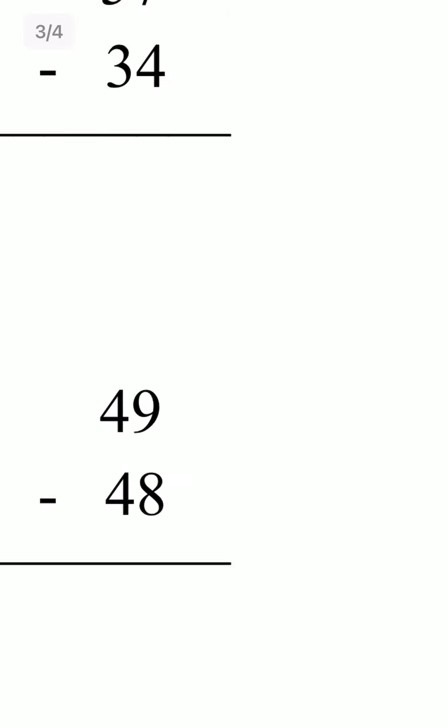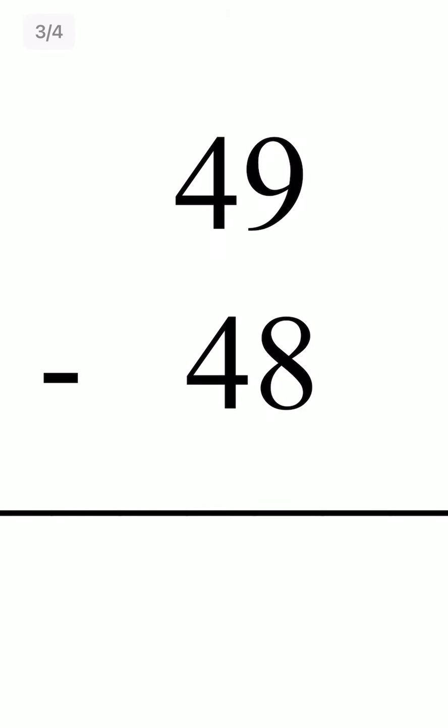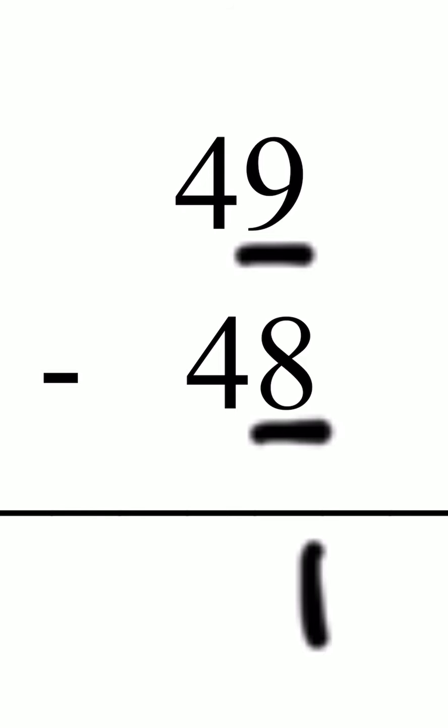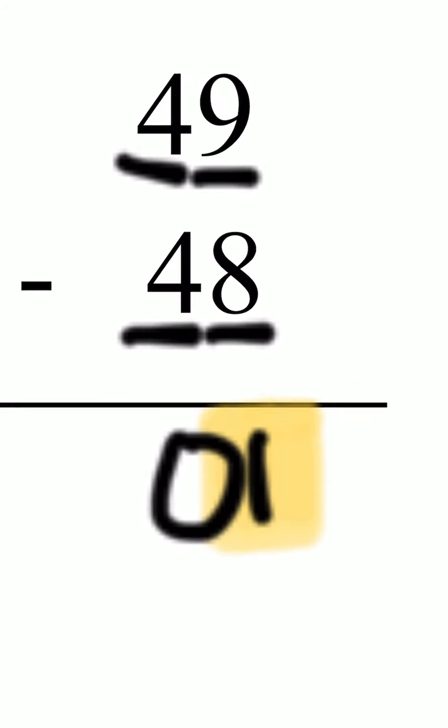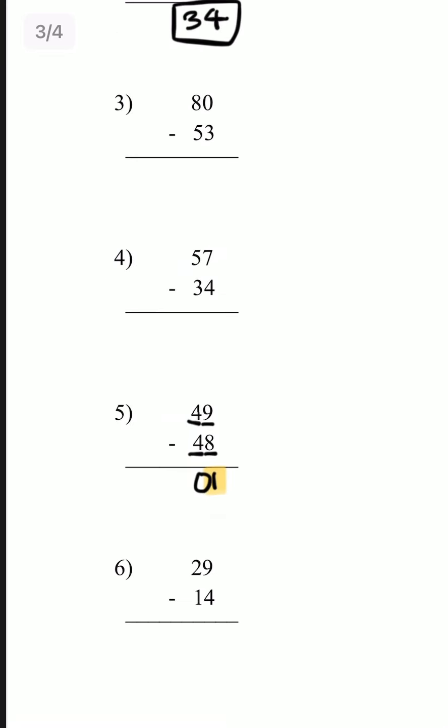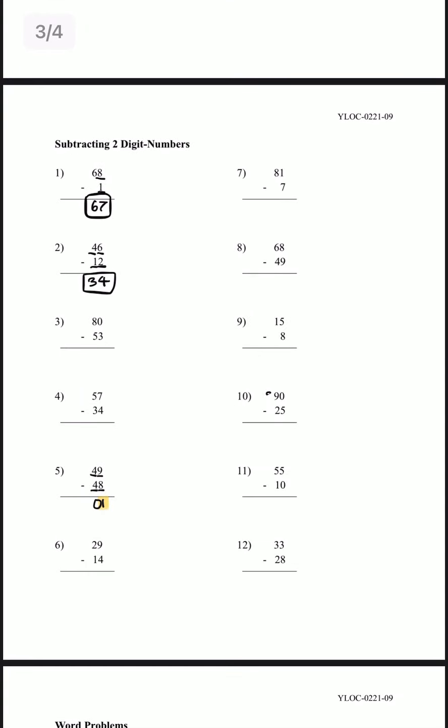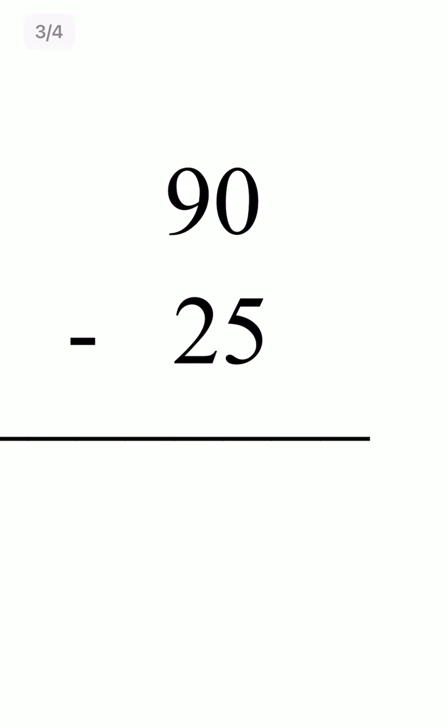Let's look at number 5. 9 minus 1 is 1, and 4 minus 4 is 0. So 1 is the answer for number 5. Let's look at number 10.